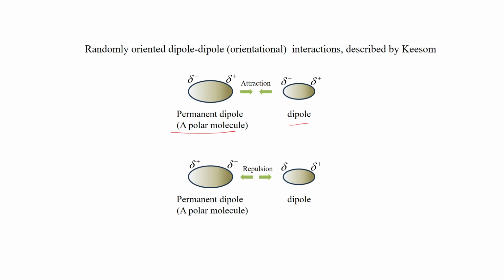So both attraction and repulsion can happen depending on how the positive or negative charge of one molecule sees the charges in the other molecule. This particular interaction was described by Keesom, so it is called Keesom's interaction.